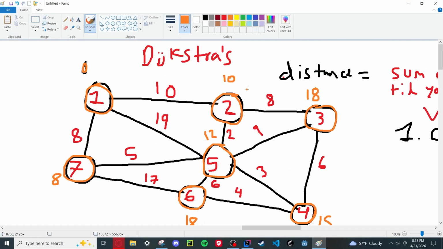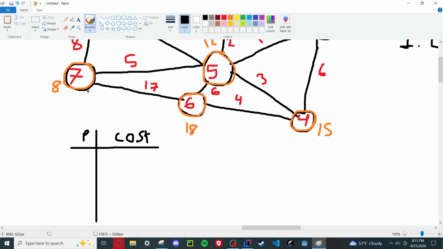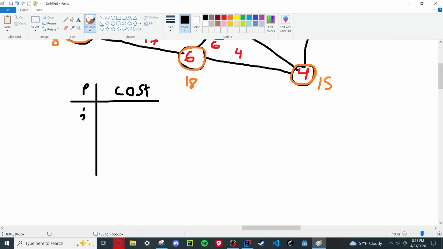So we found out all of these distances. What does this actually tell us? If I were to make a table of vertices and then the path and cost, I'll have 1, 2, 3, 4, 5, 6, 7.